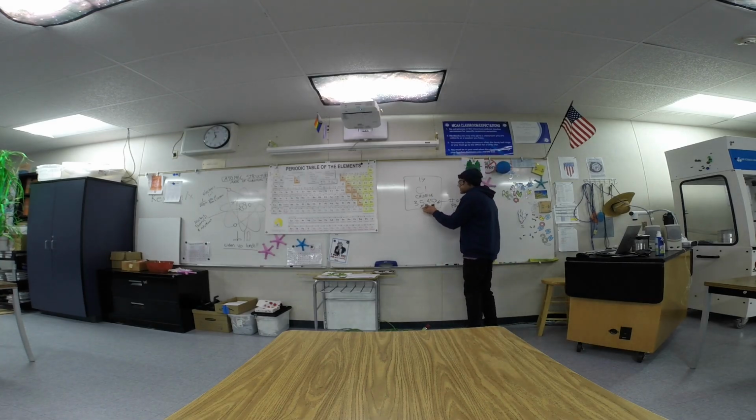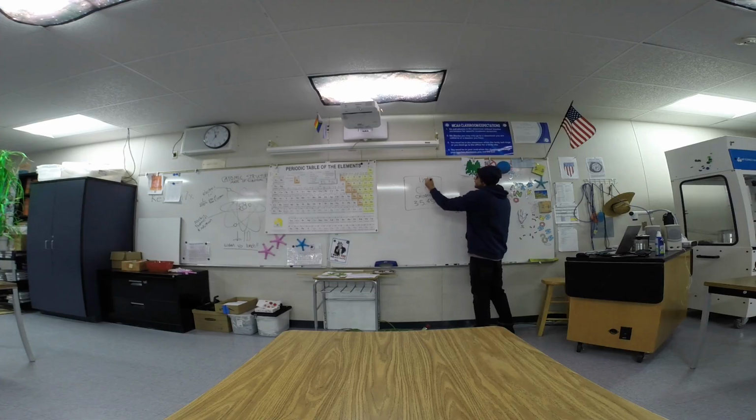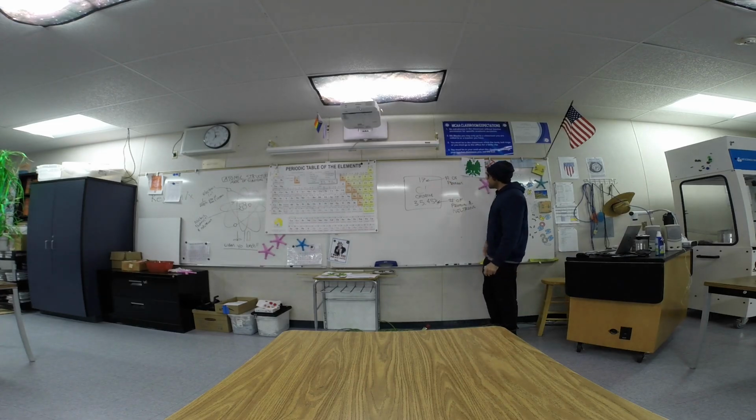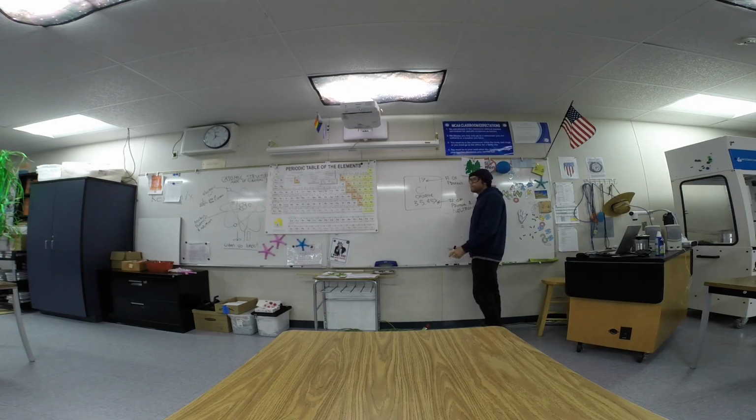So this is an average, but we can calculate approximately how many neutrons there are. This is protons and neutrons, and this is number of protons. You can subtract this from that and find out approximately how many neutrons there are.